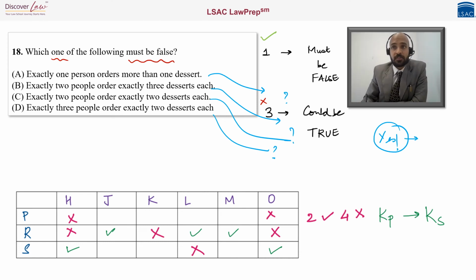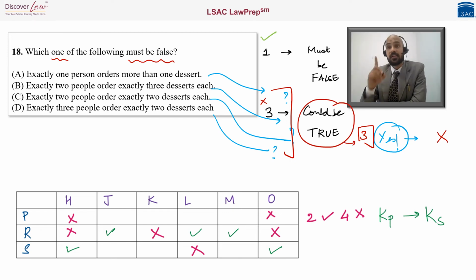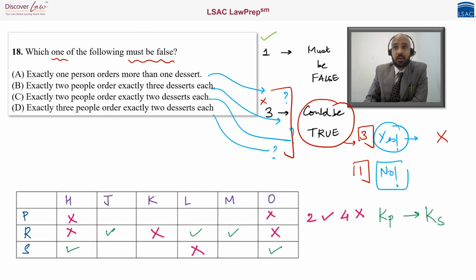That means the answer is wrong. And that's what 3 options will give you. So out of these 4, when you ask the question, could this be true? 3 will say yes. And then there will be 1 option to which the answer will be no. This cannot be true ever. If it cannot be true, it means it must be false, and therefore that will be your correct answer.